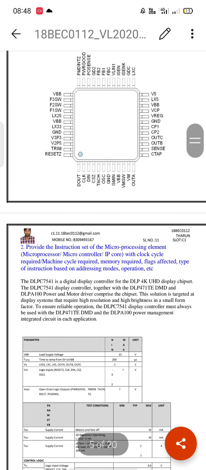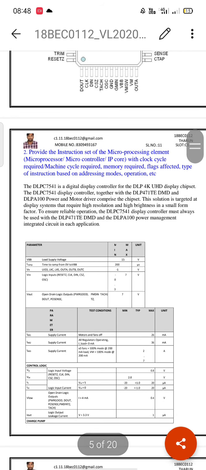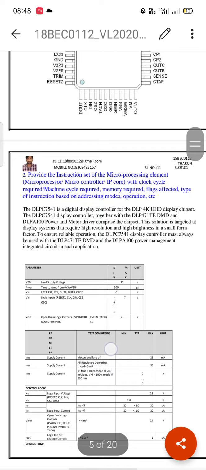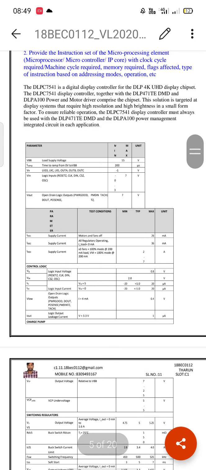The second question is to provide an instruction set of the microcontroller with clock cycles, required machine cycles, memory required, flags affected, and type of instruction based on addressing modes and operations. These are some of the instruction sets of my microcontroller, and these are the minimum and maximum values, and these are some test conditions, and this is some control logic and their test conditions.